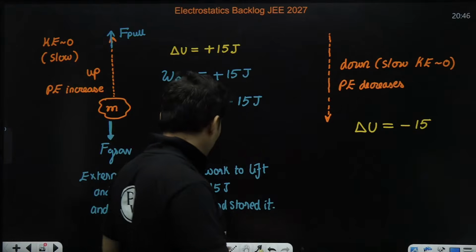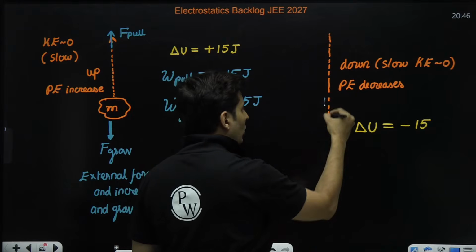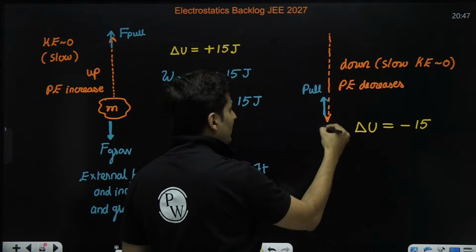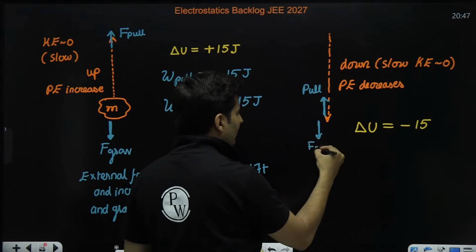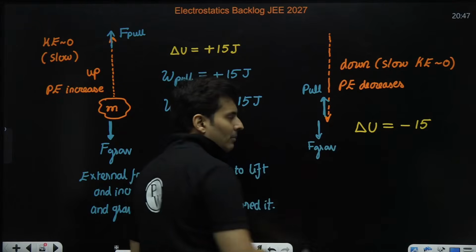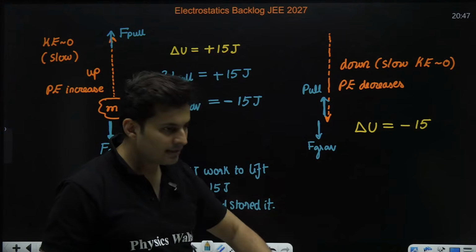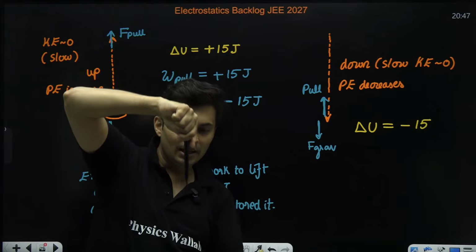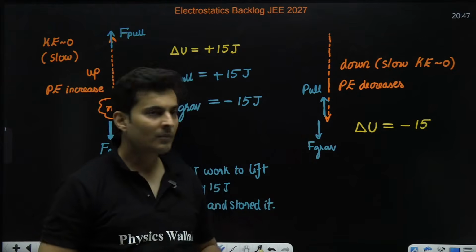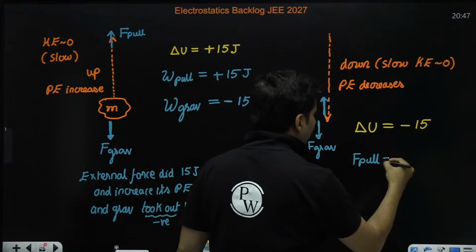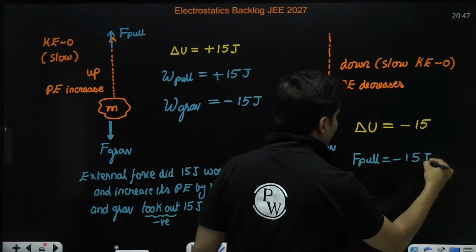Yes, it has reduced. Because I'm slowly lowering it, I'm still pulling it up only. Gravitational force is still down. Because if I don't pull it up, it will accelerate and fall down. So I'm holding it and releasing it slowly. It's like I'm holding something and slowly keeping it on the table. So now my pulling force will do exactly negative 15 joules of work.